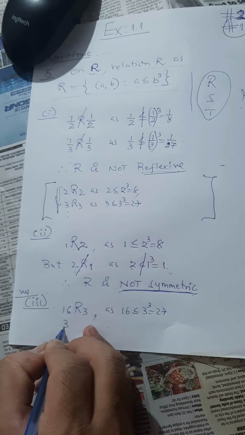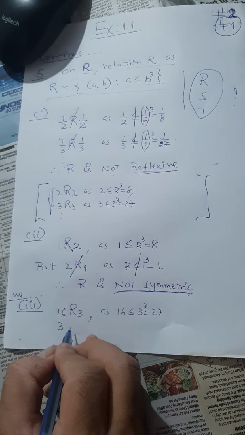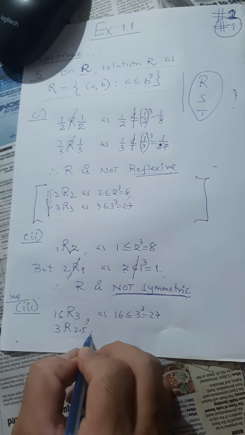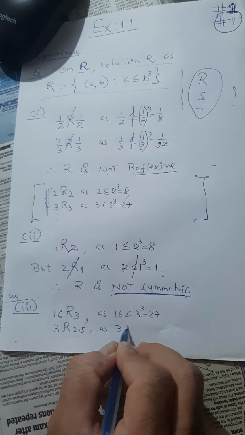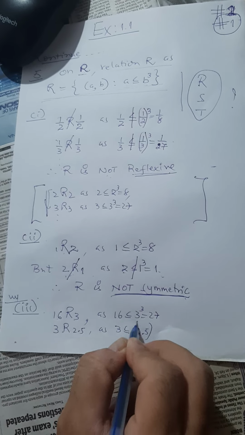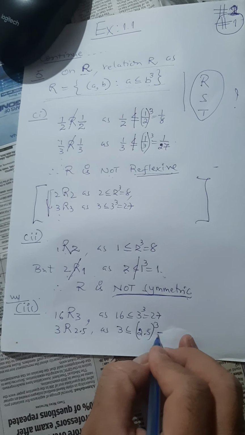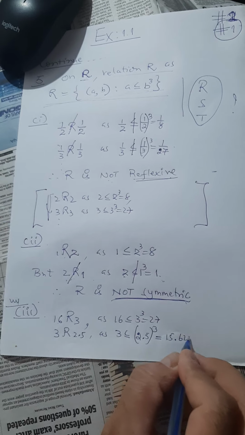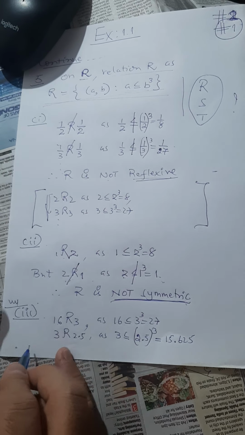Now if I take 3 related to 2.5, you can verify. The reason is 3 is less than or equal to 2.5 the whole cube, which is roughly 15.625.